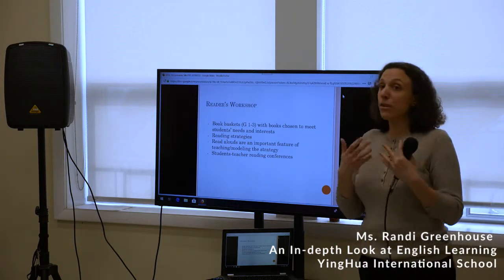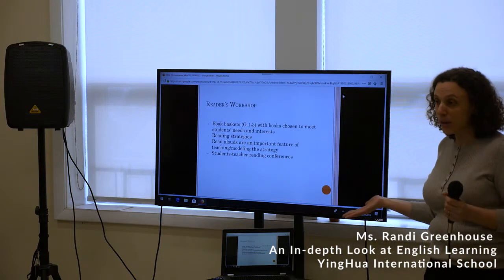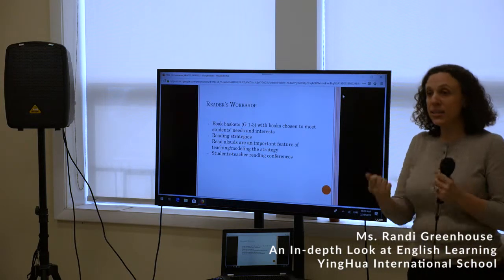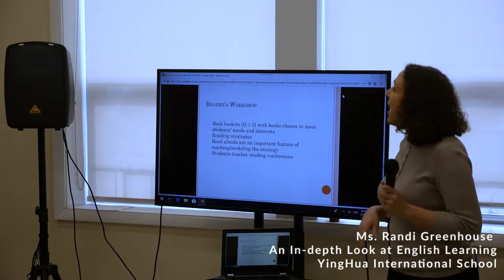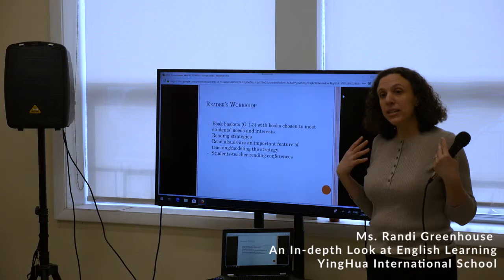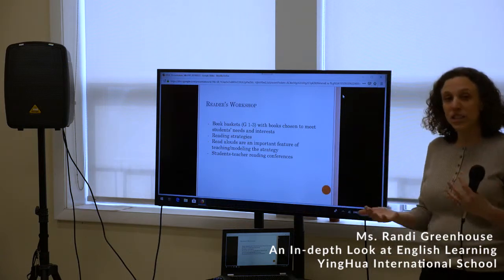So if they can read a chapter book in first grade, those chapter books are going to be in their book basket, or going to be assigned by their teacher, so that they can make a book out of the experience. And during reading workshop, different reading strategies would be taught that kids, no matter what level they're at, could apply to their reading.